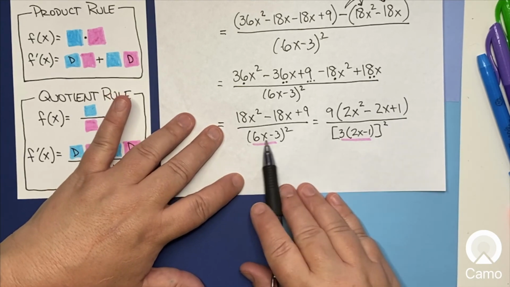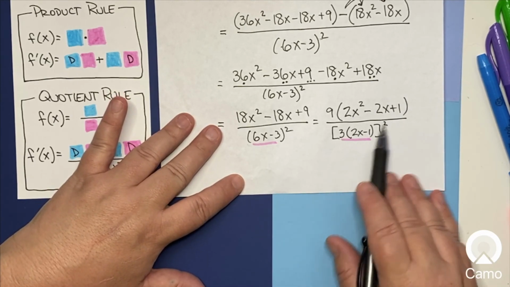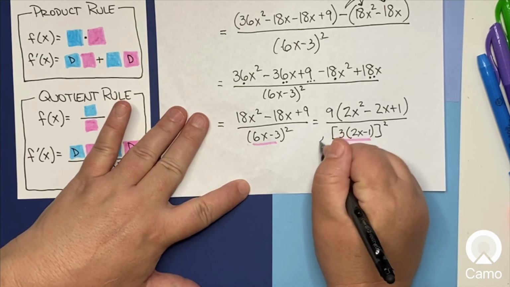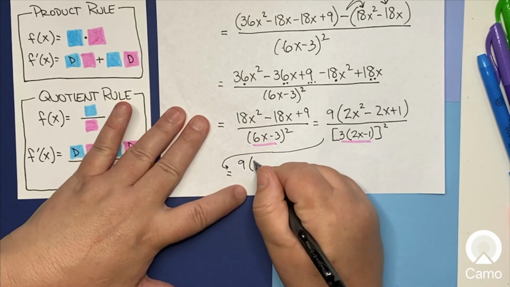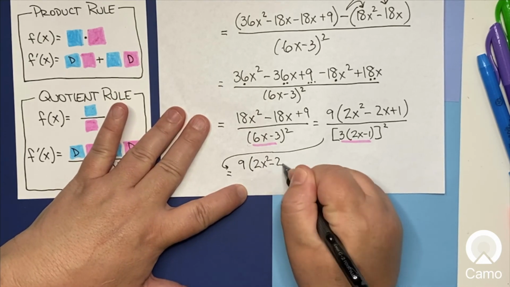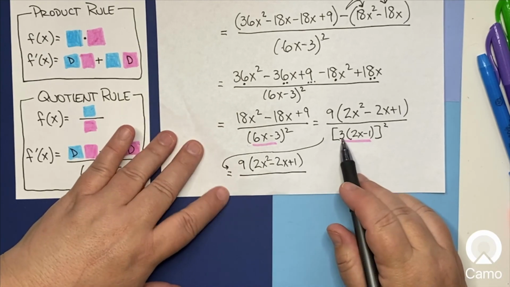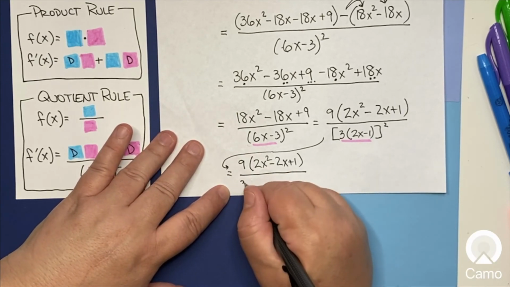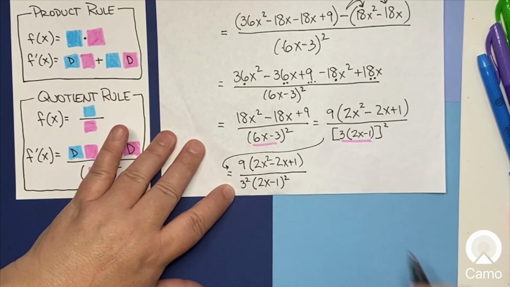So I just split this up inside of the square, and then I have to operate the square. So then I get, let's come down over here, 9 times the quantity 2x squared minus 2x plus 1 all over, and then the 3 gets squared and the 2x minus 1 gets squared.